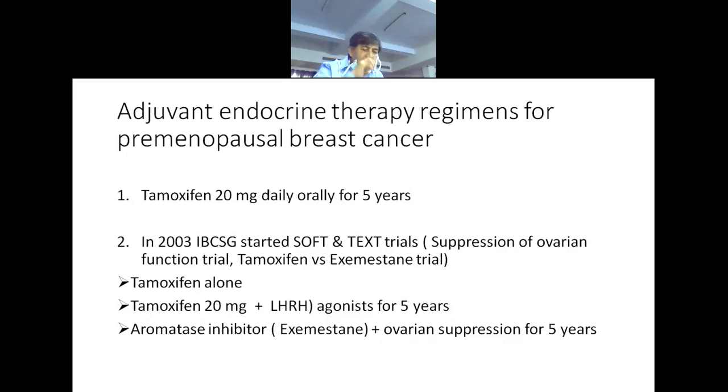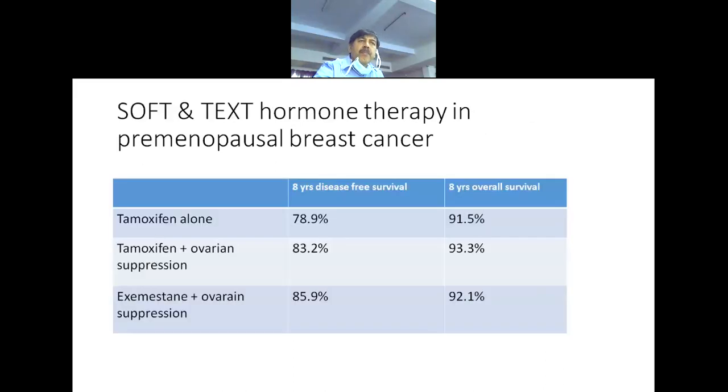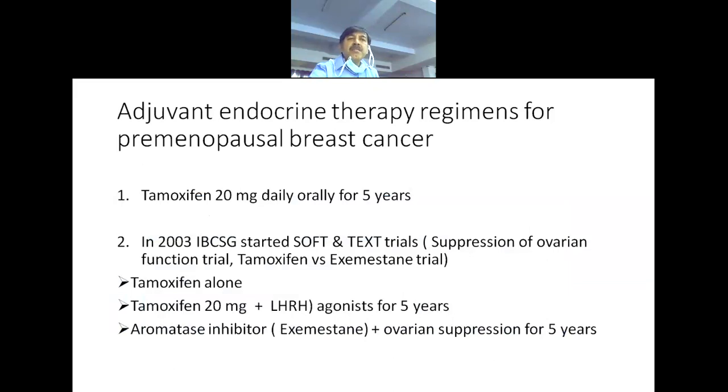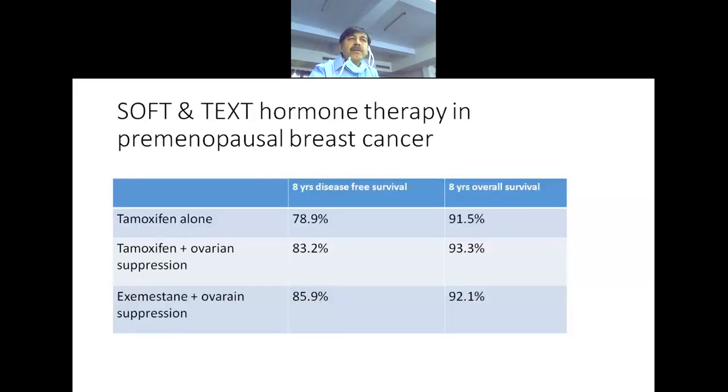So this trial was started in 2003, and these drugs were given for 5 years only, but after 8 years, this result was taken in 2017. So these trials show that tamoxifen plus ovarian suppression or aromatase inhibitor plus ovarian suppression have better role as compared to tamoxifen alone in premenopausal females.